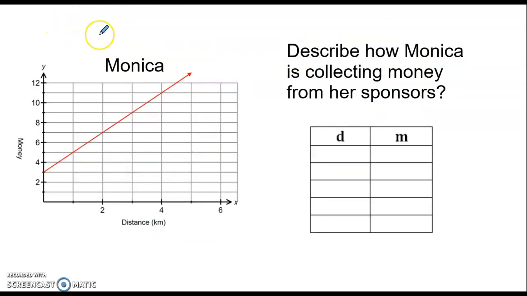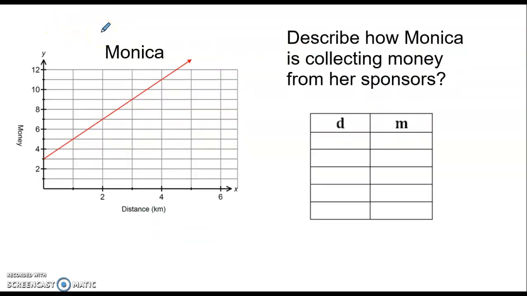Let's look at what happens to Monica's graph now. Again, we're going to look and see what happens when she goes 0, 1, 2, 3, and 4 kilometers. At 0 kilometers, some kind soul is still going to give her $3.